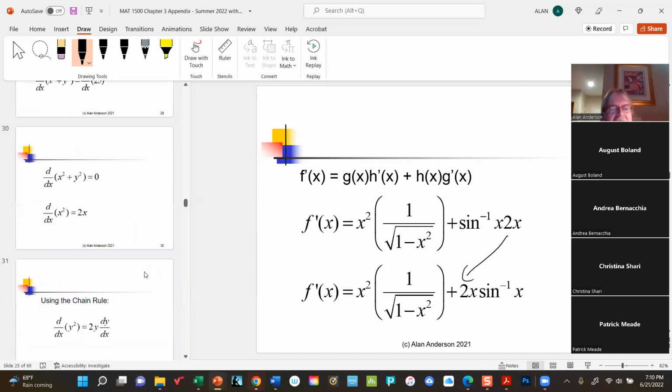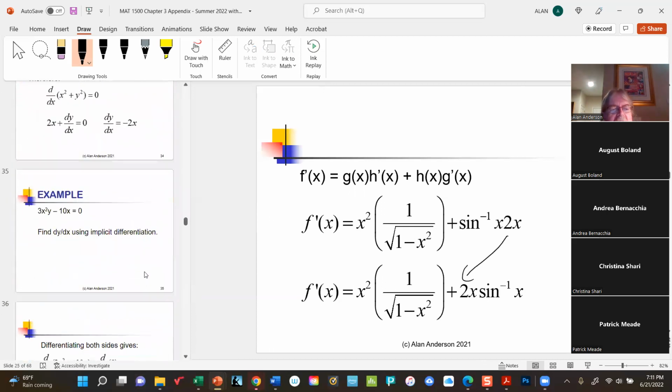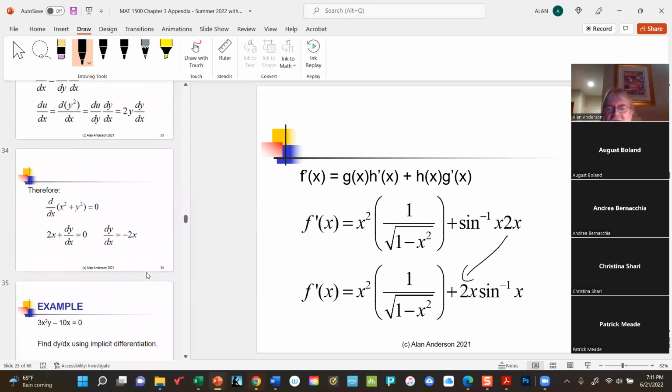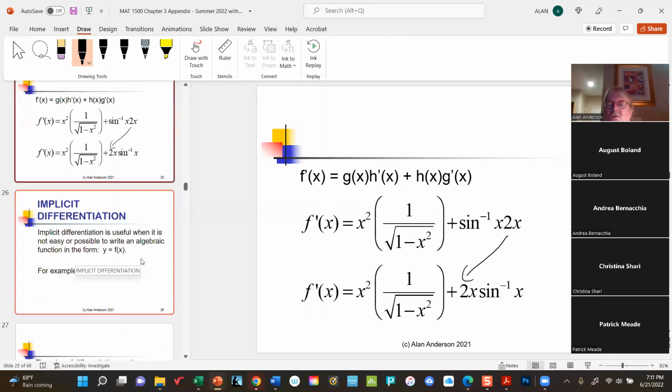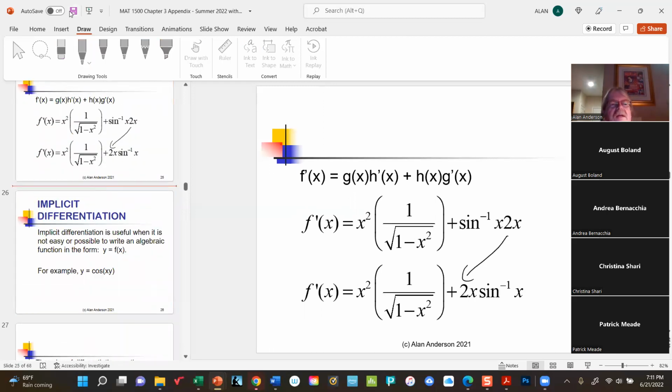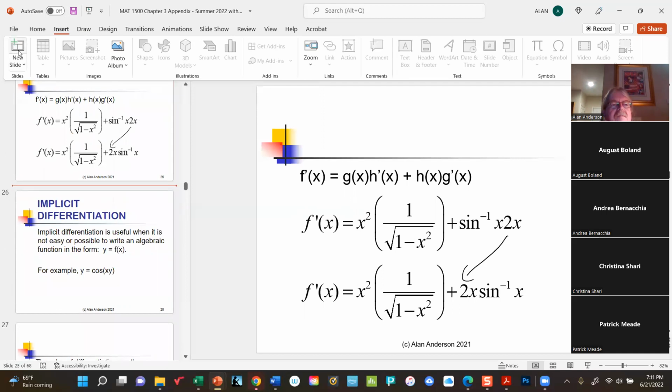All right, now this next section is pretty interesting, but it's kind of challenging. Everything we've done up to this point, all the derivatives that we've taken up to this point, let me just add something here.